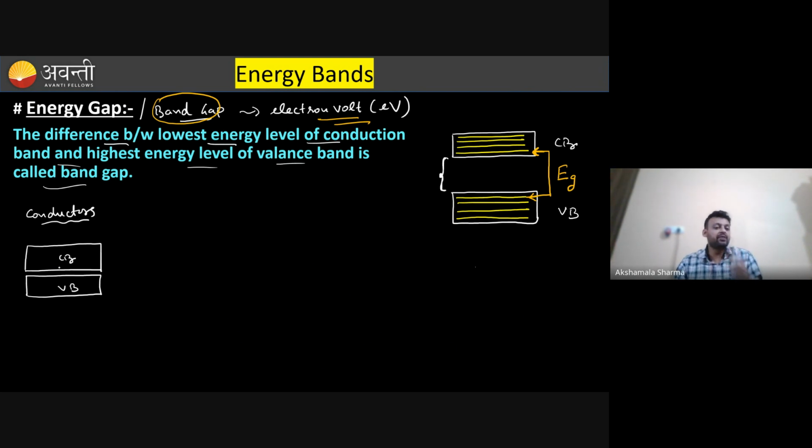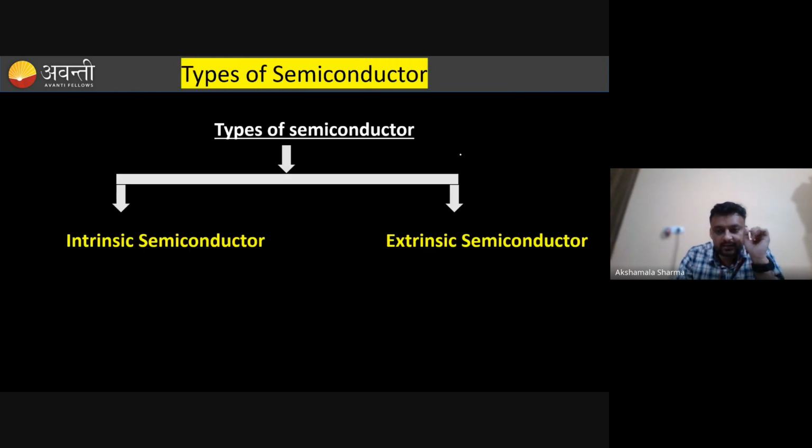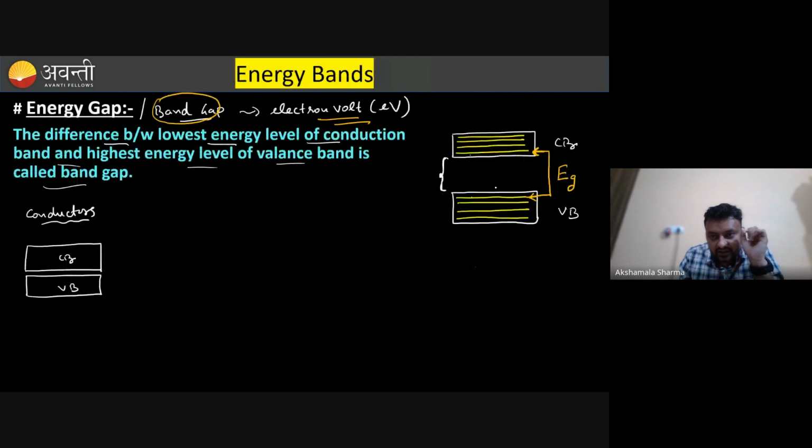What is the benefit of this very small band gap? You do not require much energy. If you need to jump from valence band to conduction band, at least this much energy is required. Is it clear to you? And electrons in the conduction band are known as free electrons.